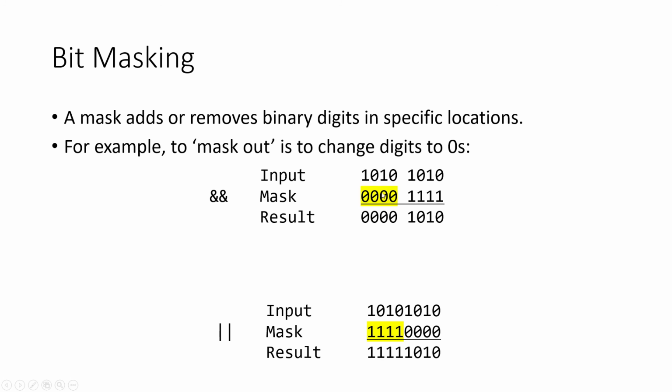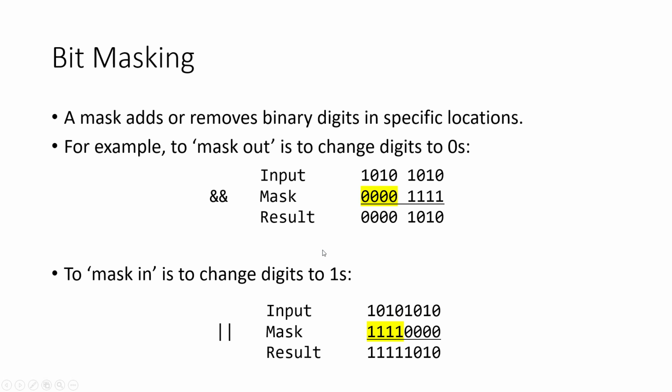I've highlighted those zeros because those are the bits which are going to be masked out. 0 and 1 is 0, 1 and 1 is 1. So this part here, because we've put ands with 1s, we get the same output. But if you AND with 0, you will always get a 0 because you need both inputs to be true for the output to be true. So this is masking those bits out. You're removing any data that might be there.